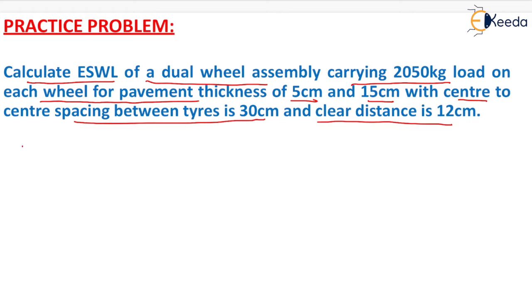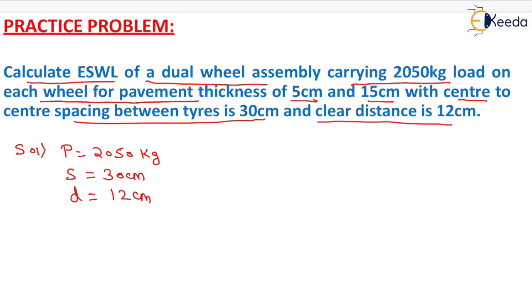In the question it is given that the load on a single tire is 2050 kg. Center to center spacing between the tires is 30 centimeter and clear distance, that is small d, is 12 centimeter. Now we have to find the equivalent single wheel load on pavement thickness of 5 centimeter and 15 centimeter.